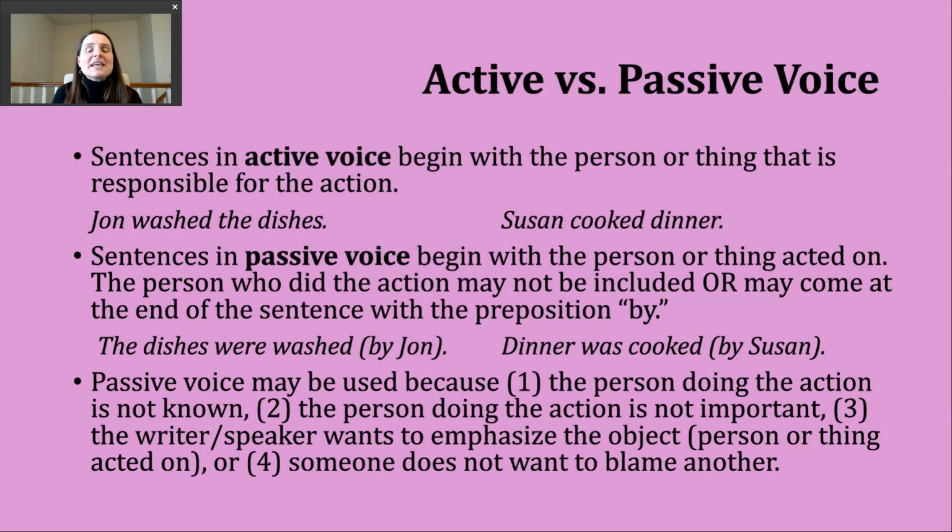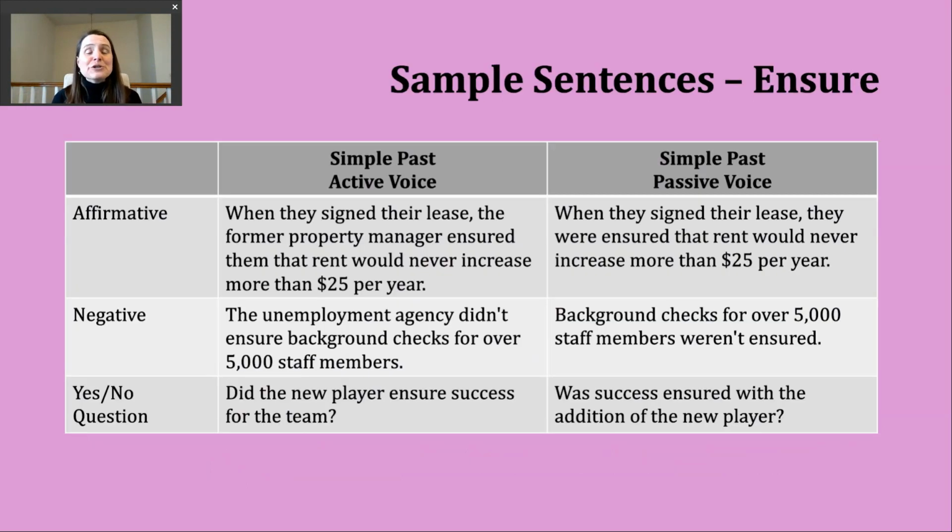Okay, so now let's look at using our verb of the day, insure. And again, our focus is going to be on the simple past tense. We're going to make sentences in the active voice and the passive voice. Let's start with affirmative sentences. Okay? In the affirmative, in active voice, our structure is going to be a subject and then the ed form of the verb if it's a regular verb, and insure is.